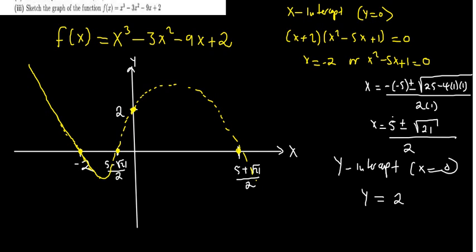Just turn it at this point. It goes like this, and then it passes through this point and continues to go down. So this will be the sketch of the graph of f of x. What points are going to be marked? The x-intercepts and the y-intercept. Any question?